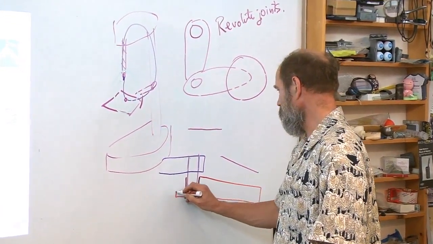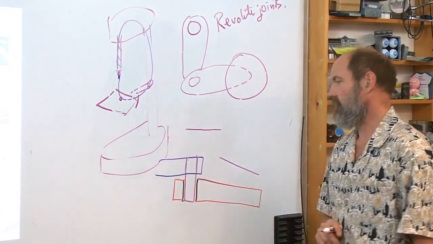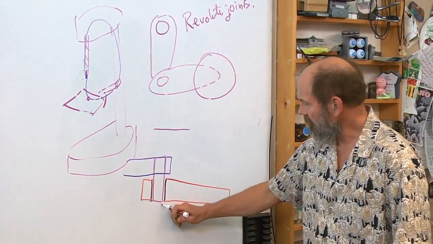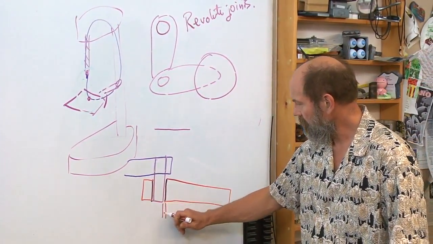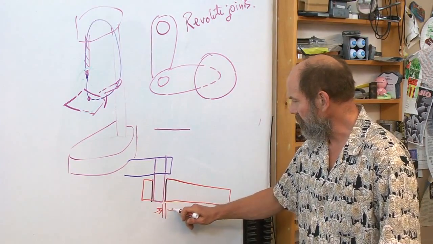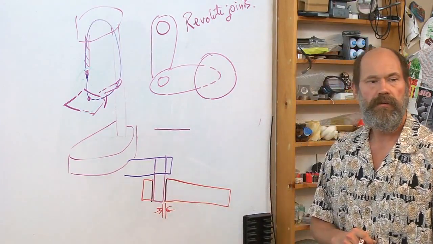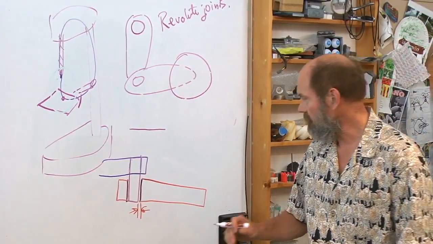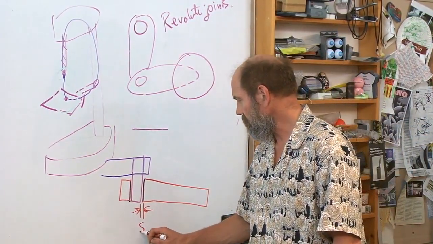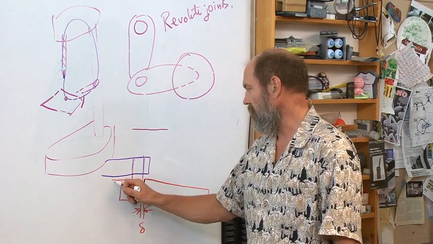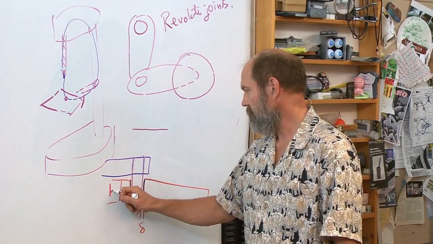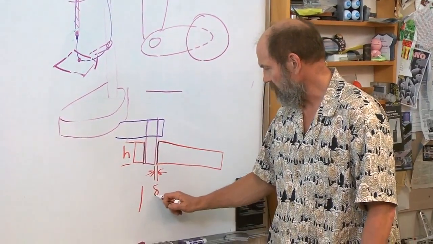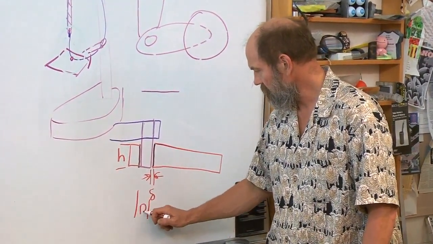Now notice I'm drawing the arm a little bit wacko. And there's some clearance in here. There has to be clearance because it moves. If it's preloaded so it's zero clearance, there'll be friction. So how much do we allow? Call that delta. And the height of this bearing here is h. And the diameter of the big shaft here is d.